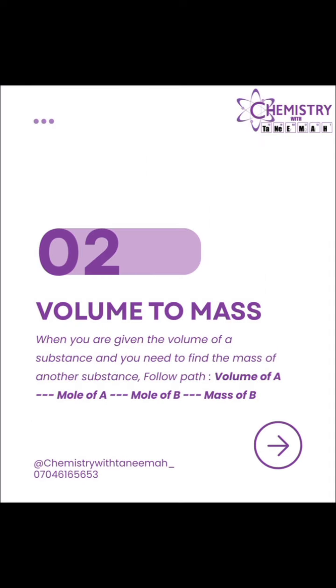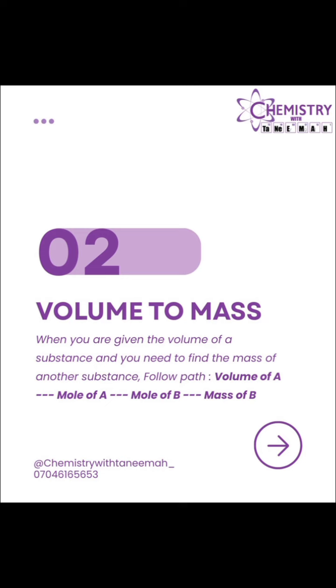Now, the second one is the volume to mass pathway. You can be given the volume of the substance and you'll be asked to look for the mass of that particular substance. How do you go about it? You go from volume of A, the volume of the given substance that you have.